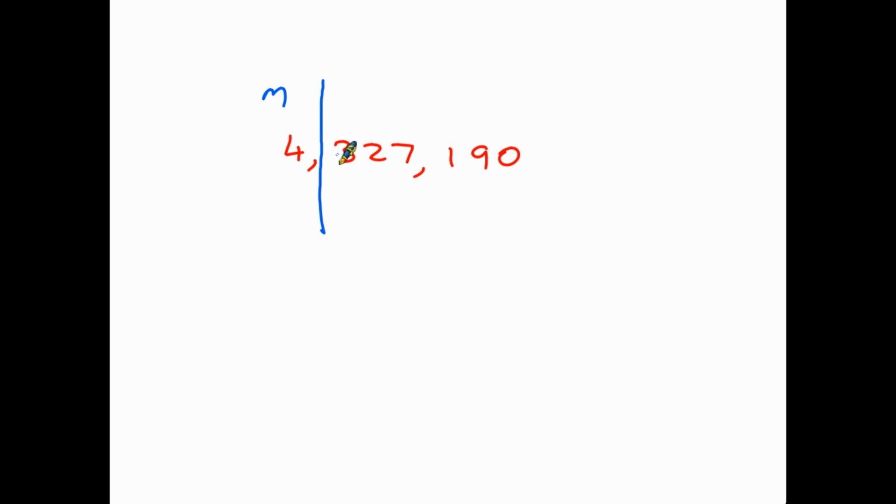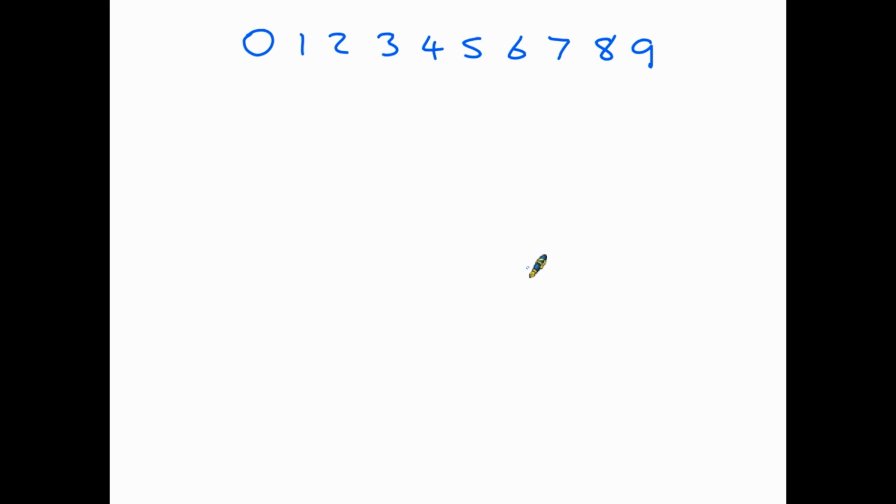In here we've got the 100,000s, the 10,000s and the thousands. So these are all counted as thousands. And here we've got the rest of the numbers. So we've got 4 million, 327,190.